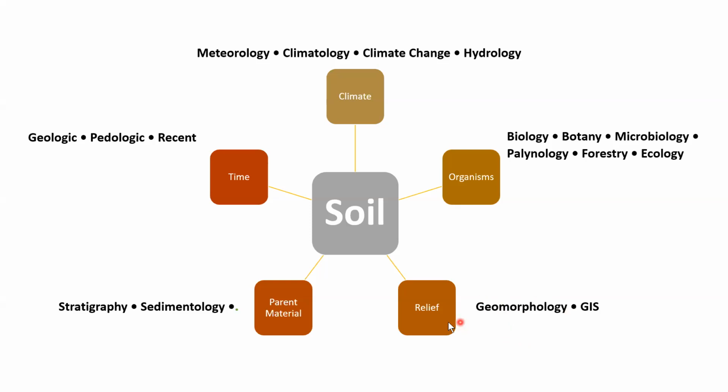So that is relevant to relief and soil interactions; these are the sciences which cover this area. Then we have parent material: stratigraphy, sedimentology, the layering of the soil particles, and the development. These are the sciences which study parent material and soil interaction.